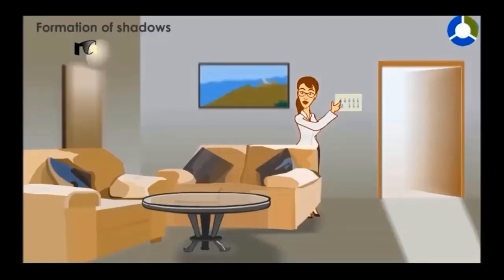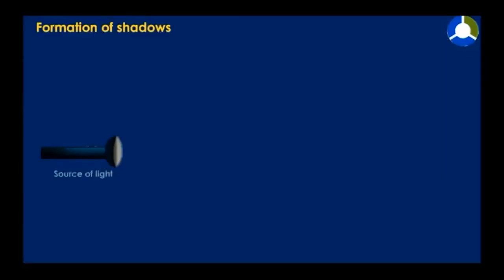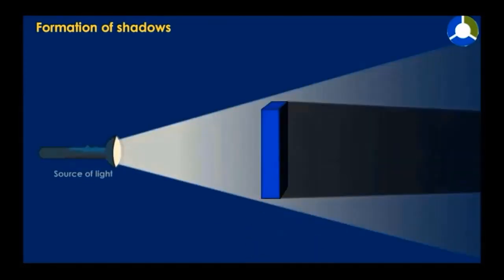When there is some obstruction in the path of light, we see a shadow. Light is always needed for a shadow to form. Shadows can never form in total darkness. Let's see how a shadow is formed. If an opaque body is placed in the path of light, the light cannot pass through it.